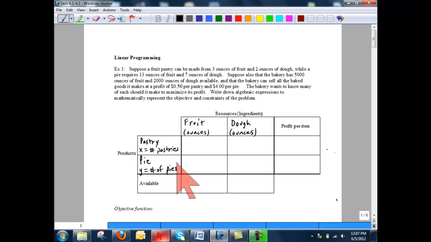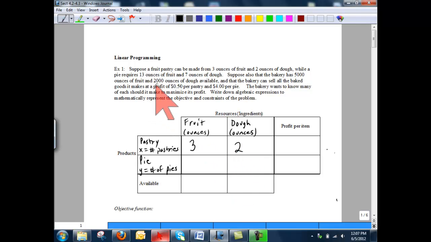Now let's go ahead and see if we can fill out the rest of the table. These are resources per unit of product. So for example, for each pastry I require a certain amount of fruit. That's specifically said in the very first sentence here. A pastry can be made from 3 ounces of fruit. Also, a pastry requires 2 ounces of dough.